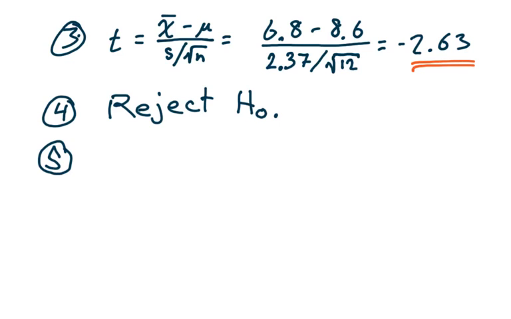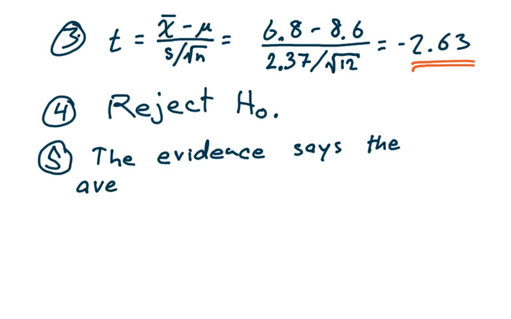So we can say here, the evidence says, let's just say the average is lower than 8.6, right?